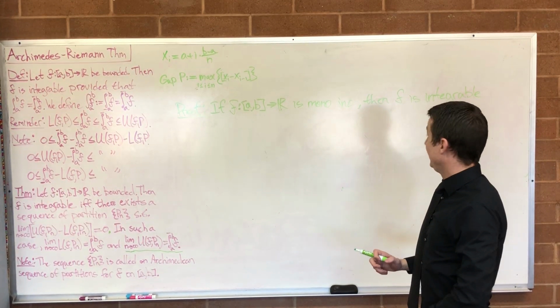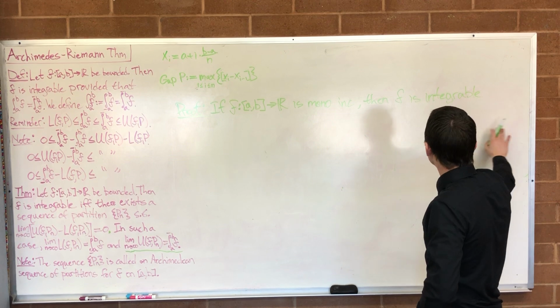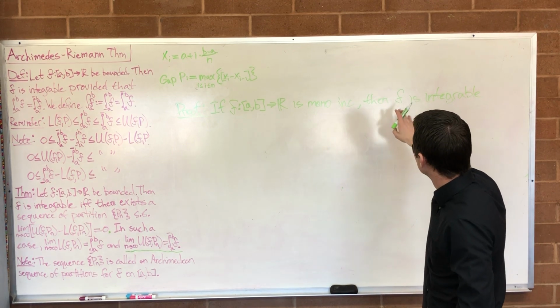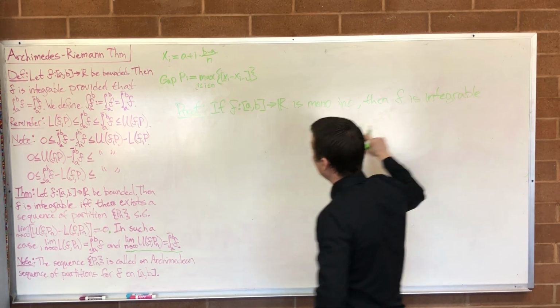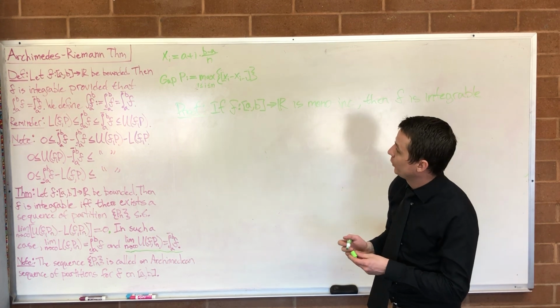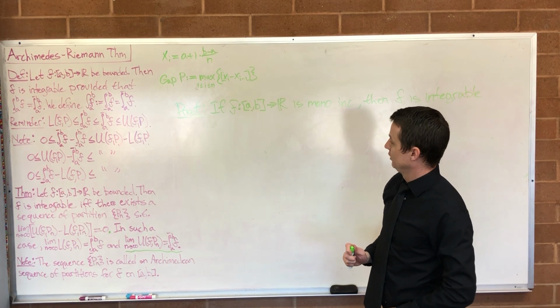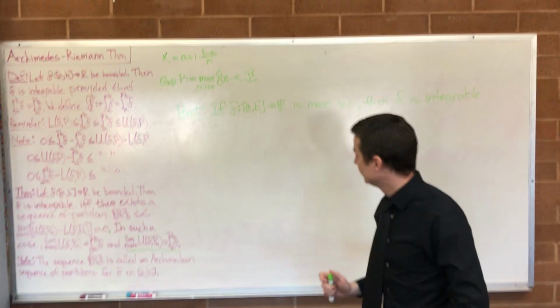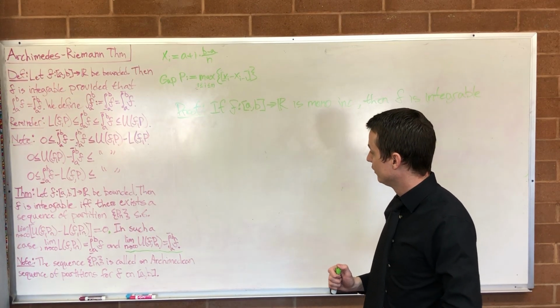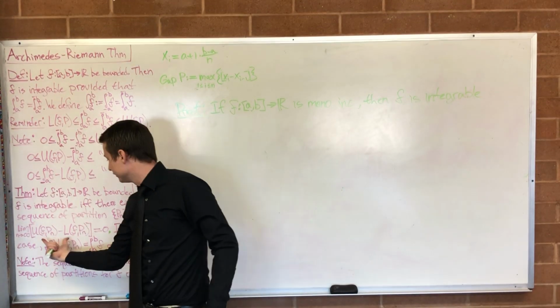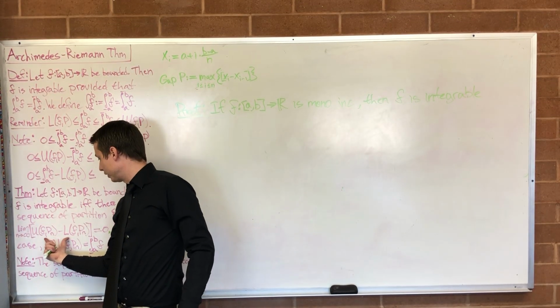Okay. So now we're showing that this thing is integrable. How are we going to do it? We're going to show that this difference here goes to 0 when we use a regular partition.